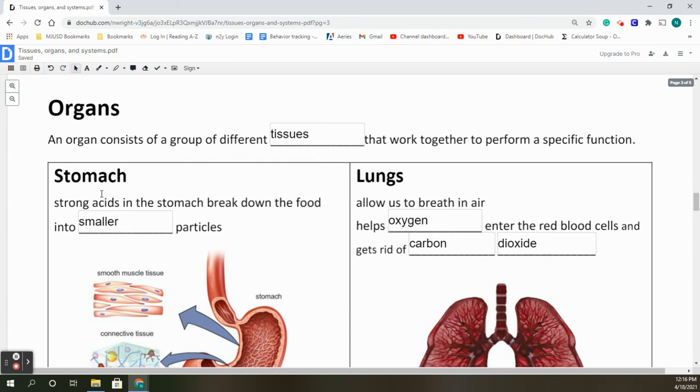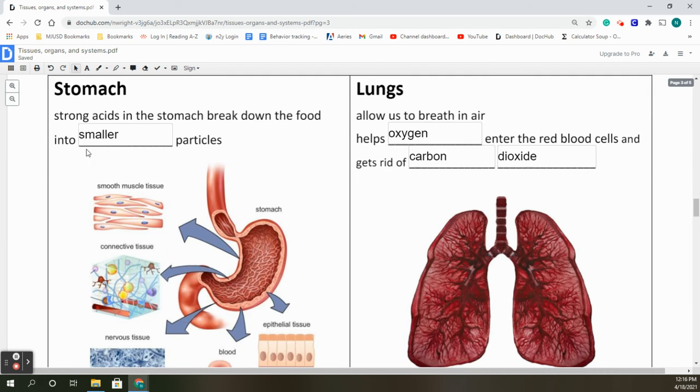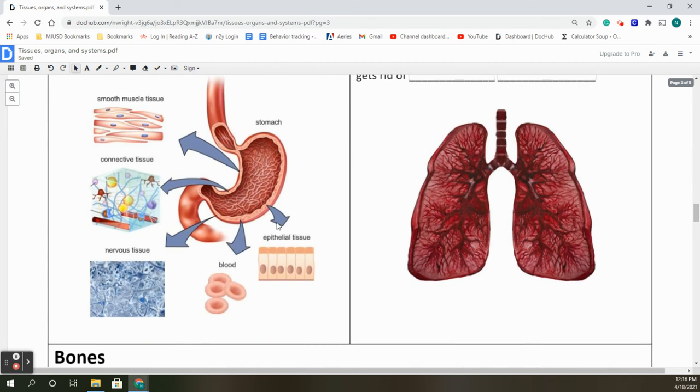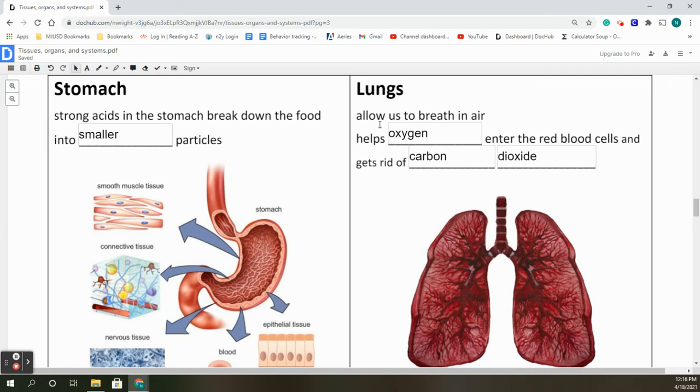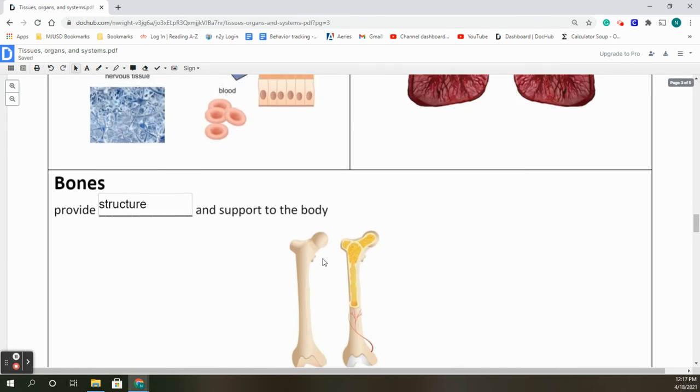Organs. An organ consists of a group of different tissues that work together to perform a specific function. Stomach. Strong acids in the stomach break down the food into smaller particles. Lungs allow us to breathe in air, help oxygen enter the red blood cells, and get rid of carbon dioxide.